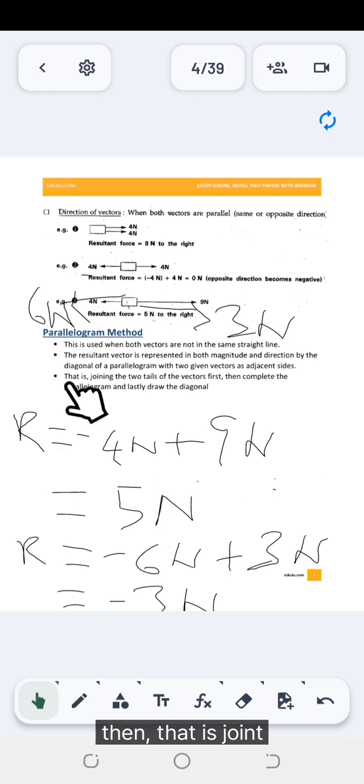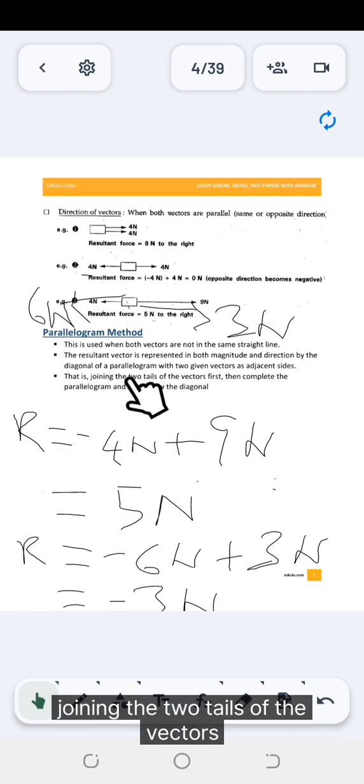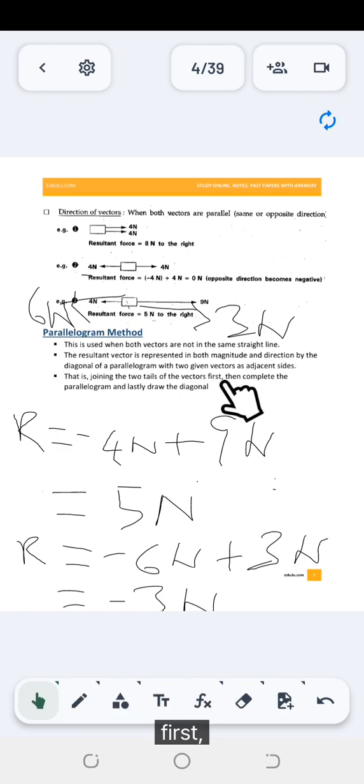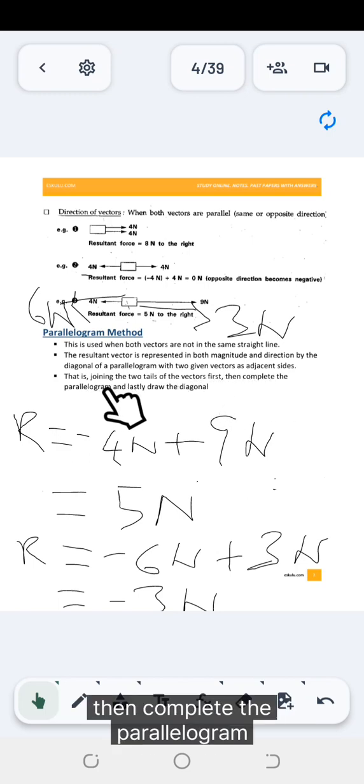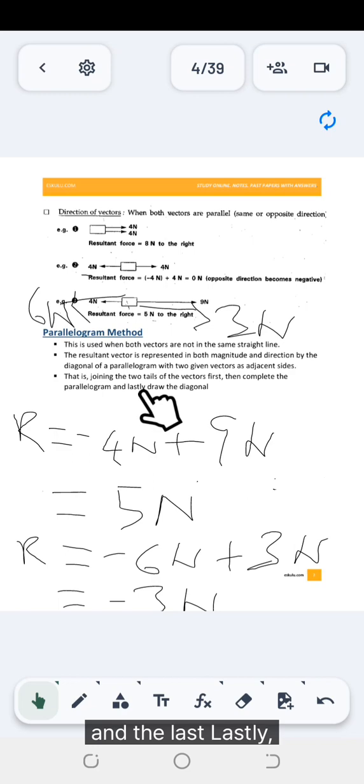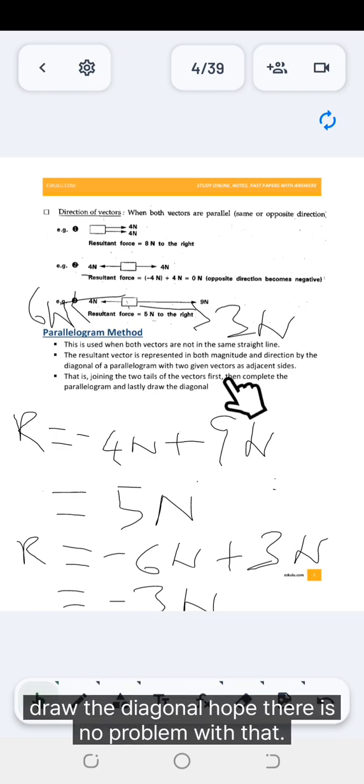That is, join the two tails of the vectors first, then complete the parallelogram, and lastly draw the diagonal. Hope there is no problem with that.